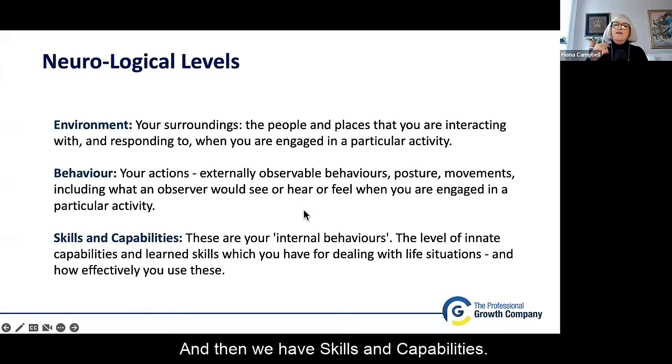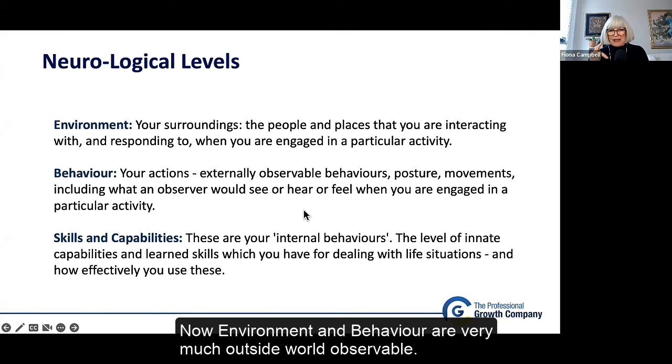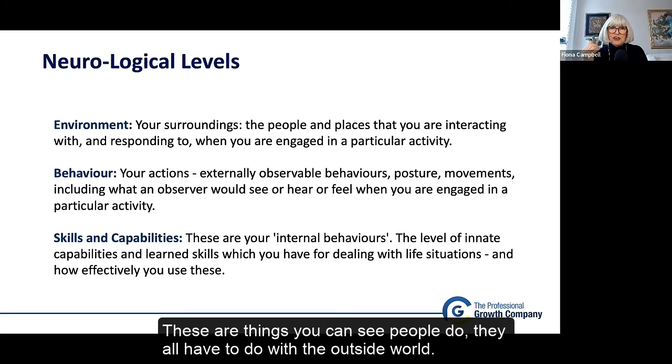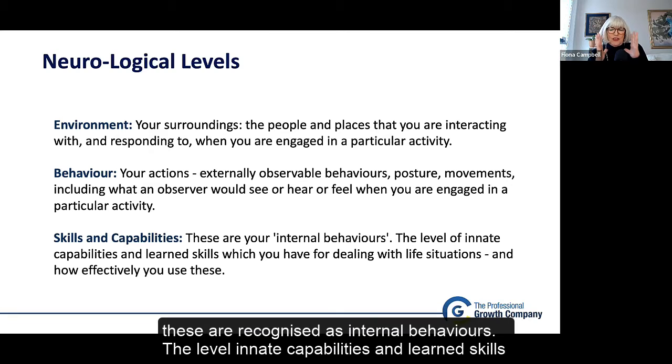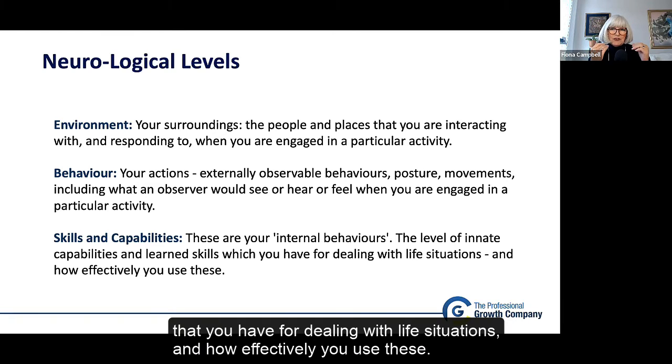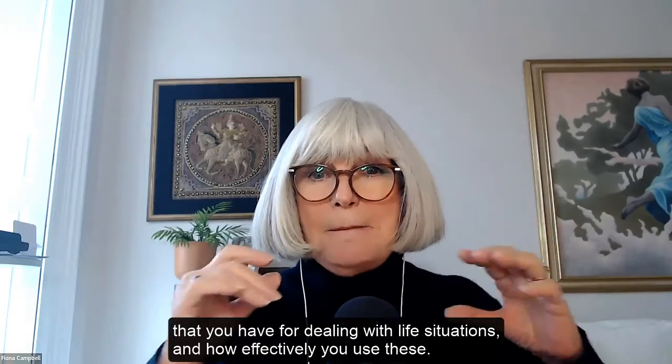And then we have skills and capabilities. Now, environment and behaviour are very much outside world observable. These are things you can see, they all have to do with the outside world, not what's going on inside someone's own mind. Once we get to skills and capabilities, these are recognised as internal behaviours, the level of innate capabilities and learned skills that you have for dealing with life situations and how effectively you use these.